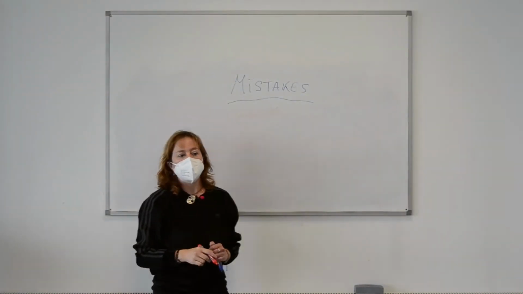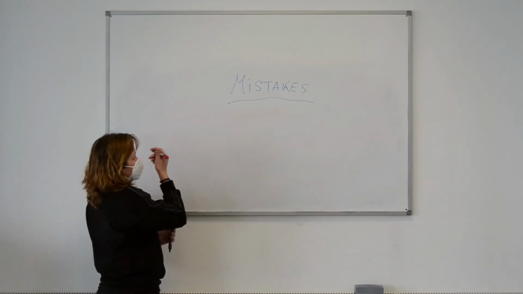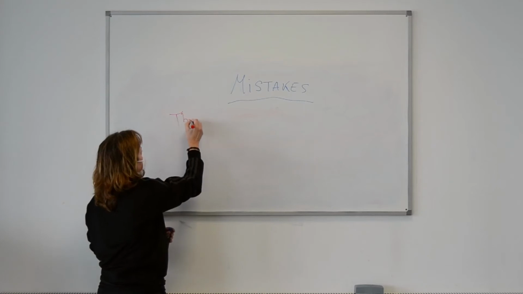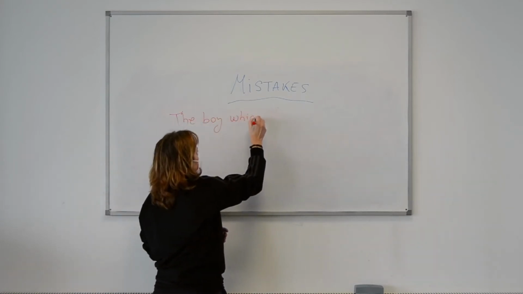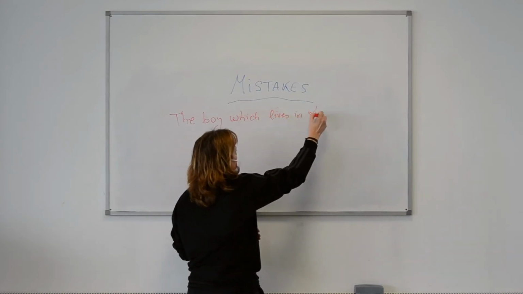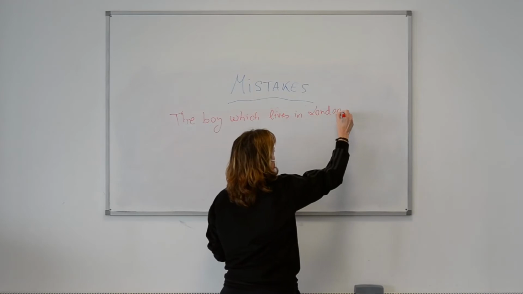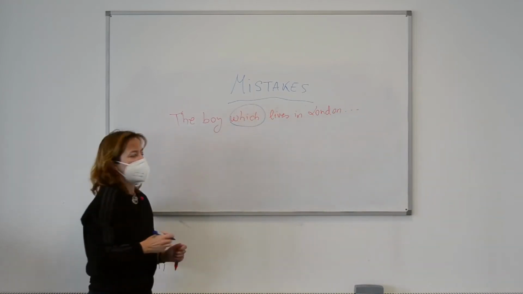Now we are going to review, for example, the use of relatives. We cannot say "the boy which lives in London." In this case, we cannot use the relative pronoun which.